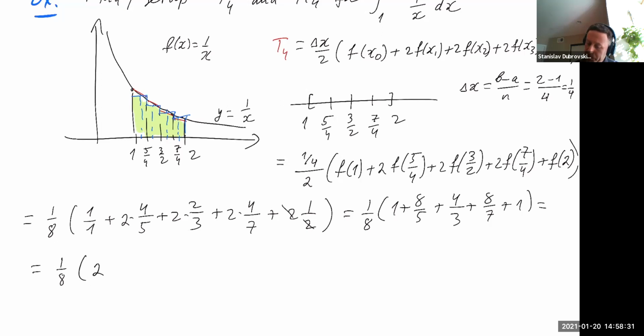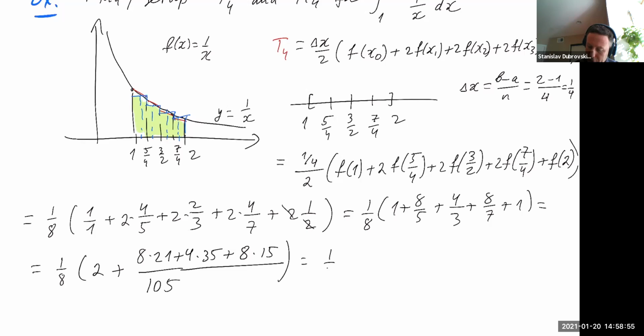Not divisible by anything else. So 7 times 15 is 105, right? So we have 105. So 8 times 21 plus 4 times 35 plus 8 times 15. Makes sense? Check it out.